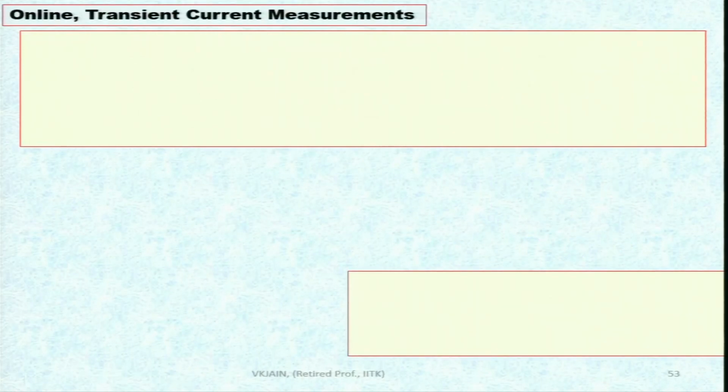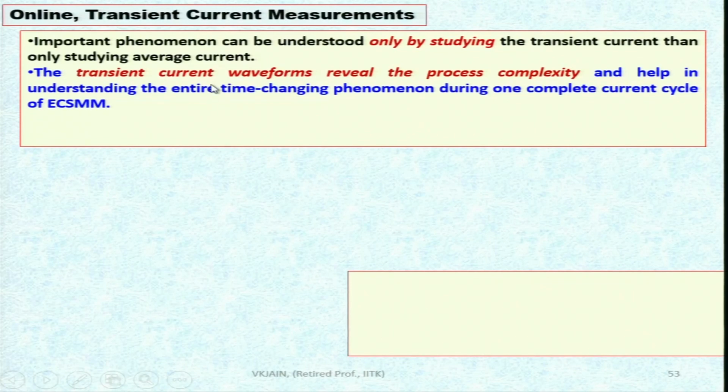Online transient current measurements. Important phenomena can be understood only by studying the transient current, not by studying the average current. Most of the researchers try to measure the average current, which is really not useful when you want to study scientifically in depth the phenomena of sparking.